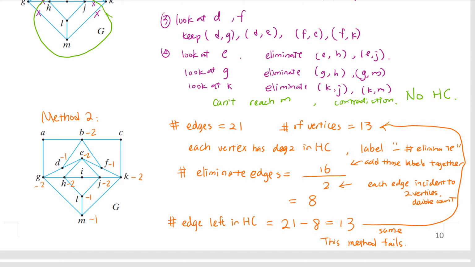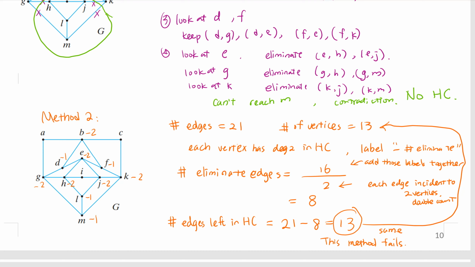Okay, but in your homework, there are some examples where we can use this method. If the number of edges left is less than 13, which is not the same as the number of vertices, then it means there's no Hamiltonian cycle.